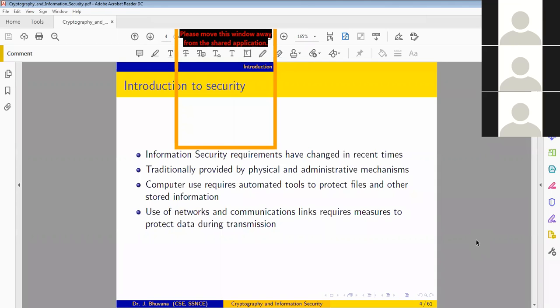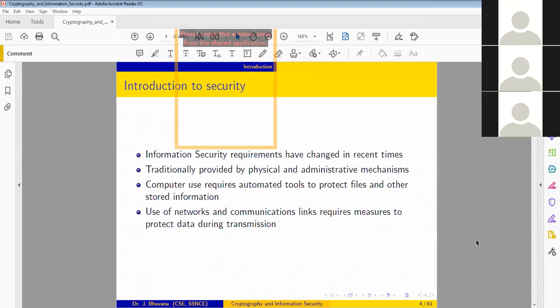When we are connected to the network, posting a security outside is no longer a viable solution. So we need some kind of automatic tools and techniques to secure our files so that no one from outside can access them, and we can avoid unauthorized or unauthenticated access over the data we have.